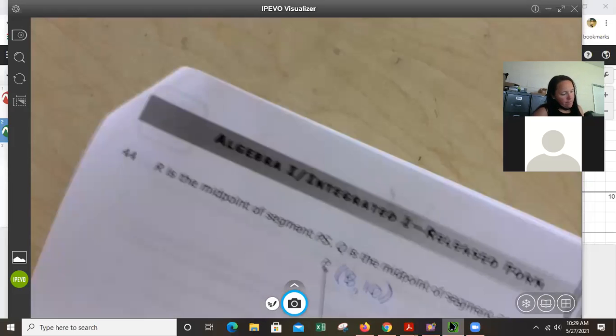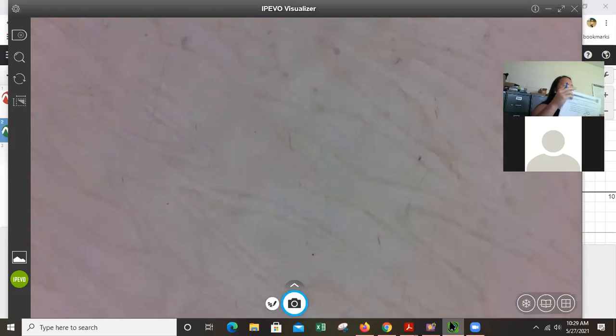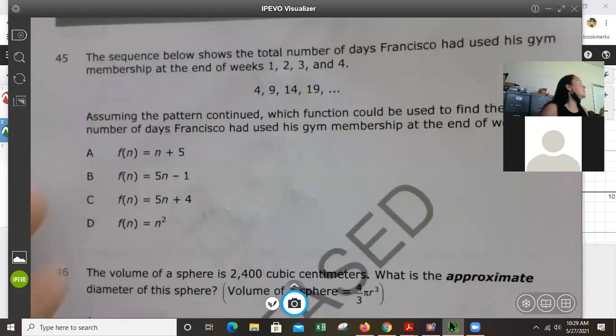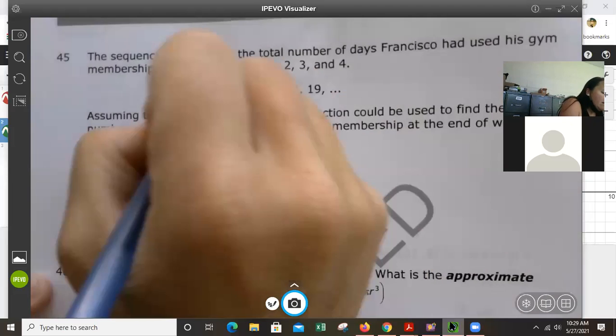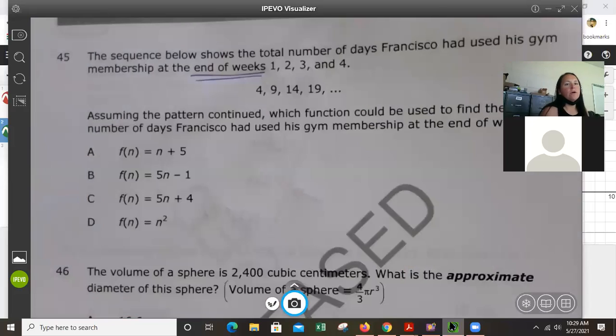Let's see. Look at number 45. 45 is one of the most missed on the check-ins that we do. Okay, one like 45. The sequence below shows the total number of days Francisco has used his gym membership at the end of weeks 1, 2, 3, and 4.